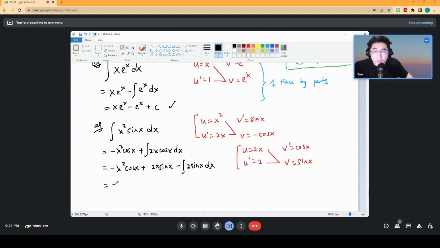So I have negative x squared cos x plus 2x sine x. The integral of sine goes to negative cos, so you have positive 2 cos x plus c. So this example is two times by parts.